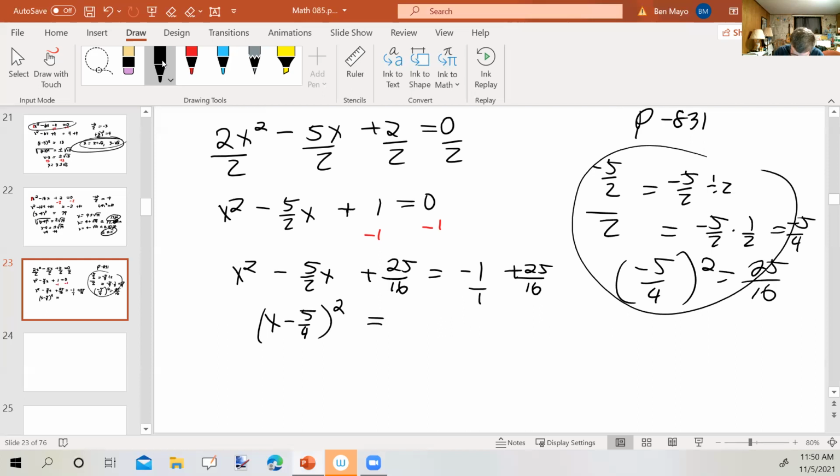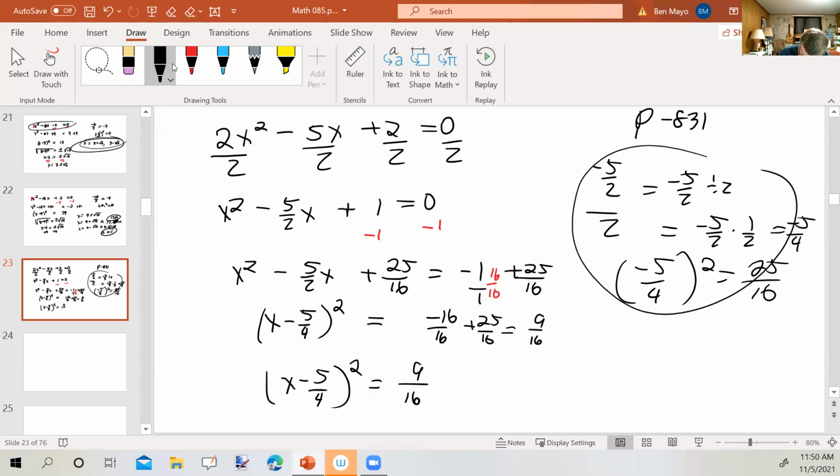The common denominator there would be 16. So we'll multiply by 16 over 16, which gives me negative 16/16 plus 25/16, which is 9/16. So now I've got x minus 5/4, the quantity squared, equals 9/16.